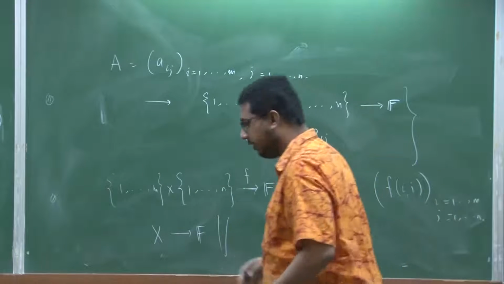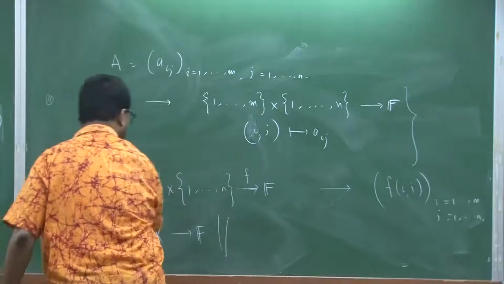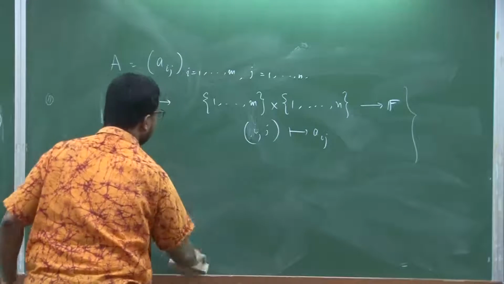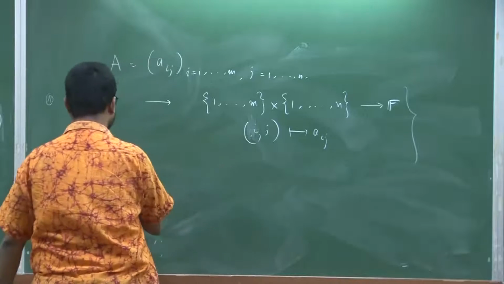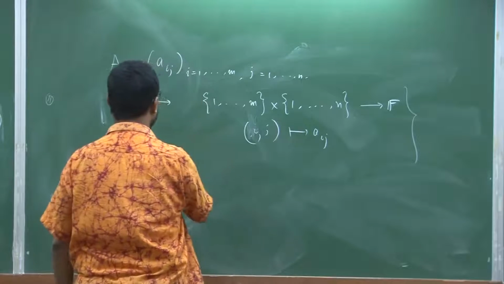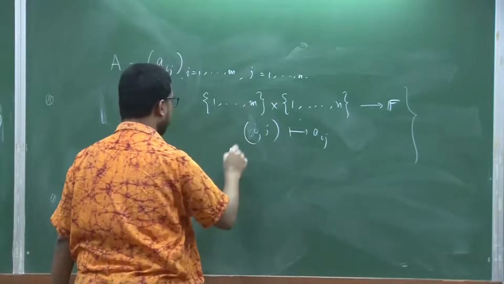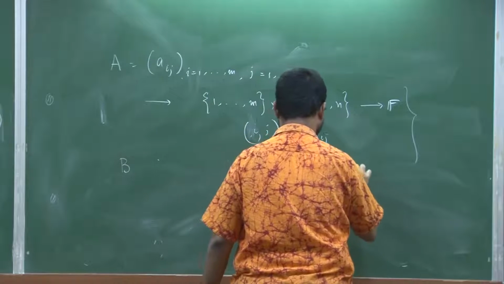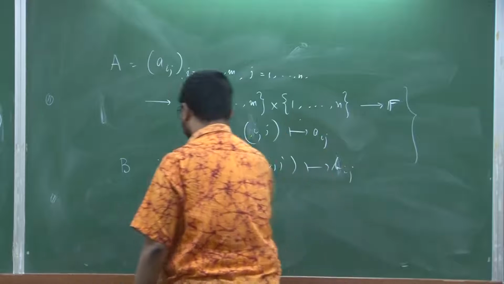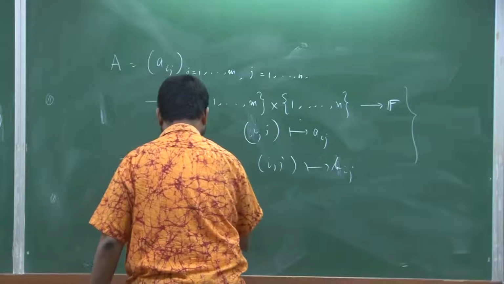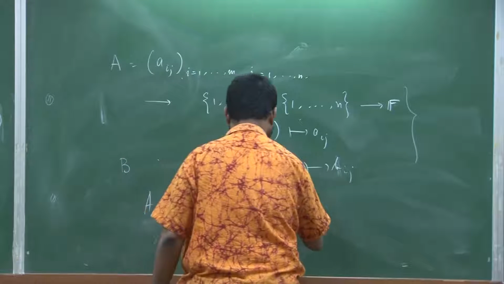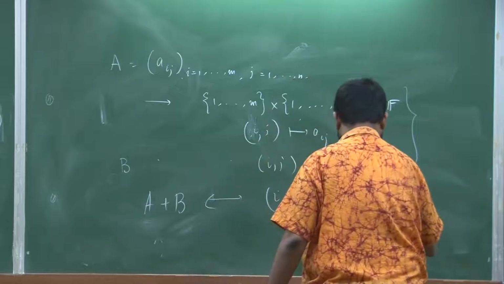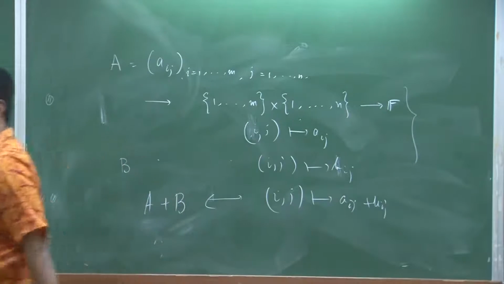Let me say it more clearly. Suppose you have two matrices A and B; the map corresponding to A is this, the map corresponding to B is this, Bij. So, the map corresponding to A + B has the value Aij + Bij for any pair (i, j).